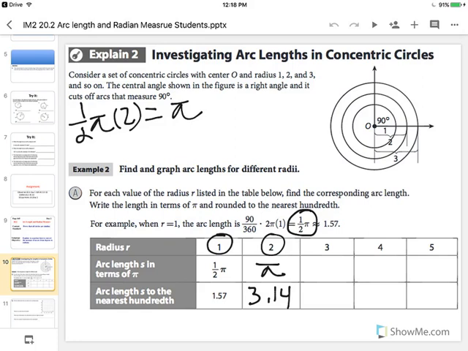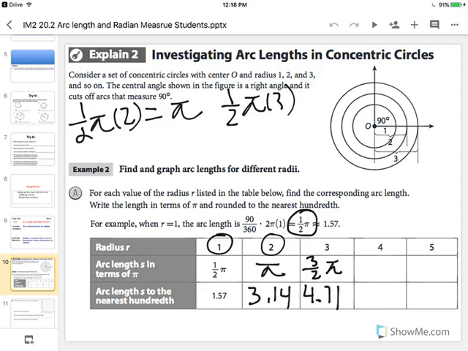When the radius is 3, we still use 1/2 pi times 3, so this will be 3 over 2 pi, which gives us 4.71.